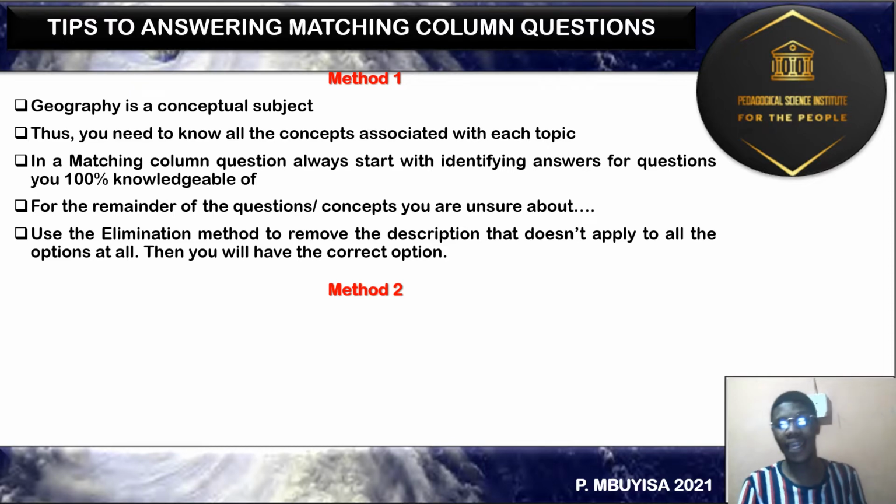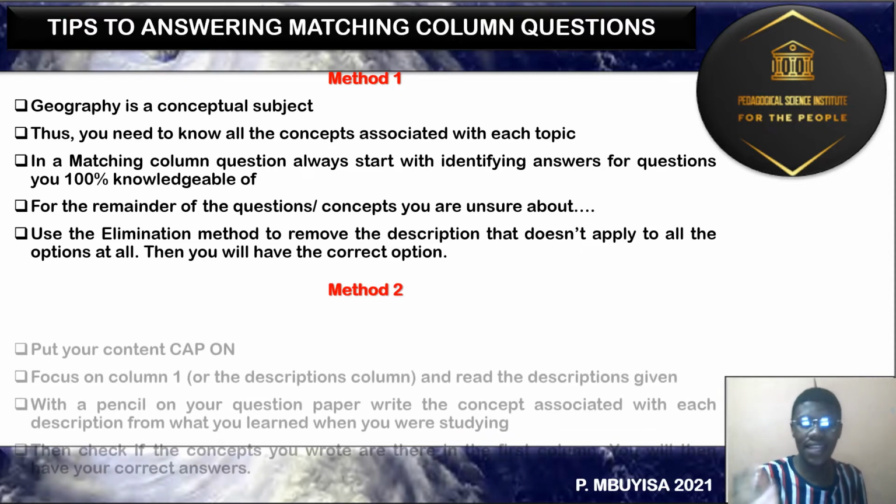If you do that, you'll then be able to cancel out the option that doesn't apply and be remaining with the most correct one. And remember that you need to put your content cap on when you are doing your elimination method, so that you remember what set of thinking and reasoning is used to justify why an option is correct and why the other one is wrong.